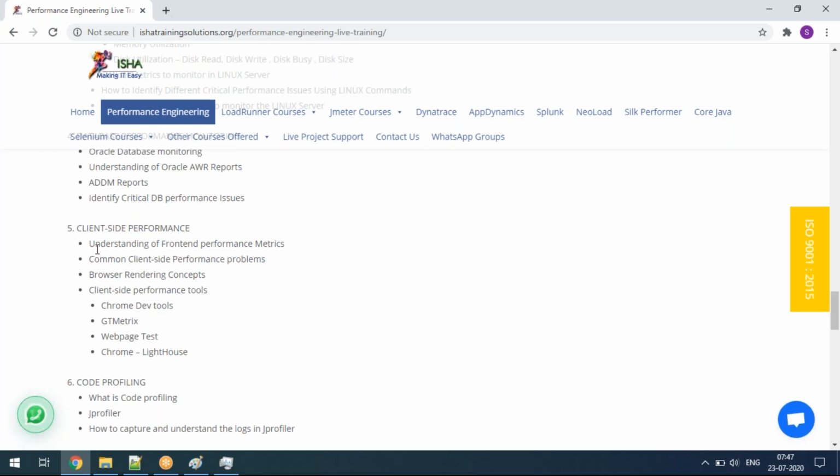I don't know in your organizations if they have started talking about it, but this is the need of the hour now, because everyone should focus on client side performance, client side understanding. Now people are moving towards mobile applications, right? People are telling, if I am accessing this application, how is my experience, how is my end user experience?